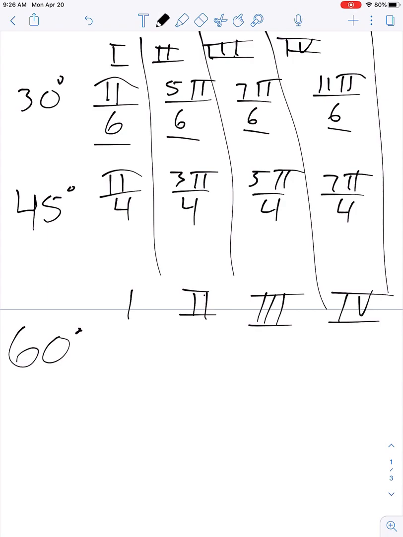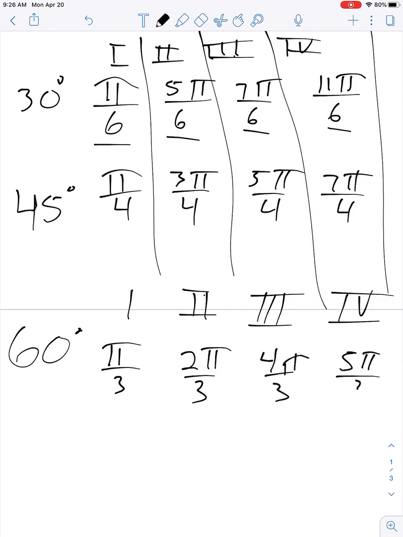We're talking over 3. Well, 1 pi over 3 doesn't reduce. 2 pi over 3 doesn't reduce. 3 pi over 3, that would reduce. 4 pi over 3 does not reduce. We're going to keep it. And 5 pi over 3 does not reduce. We're going to keep it. Okay, so those would be the 60-degree reference angles in radians around the unit circle.